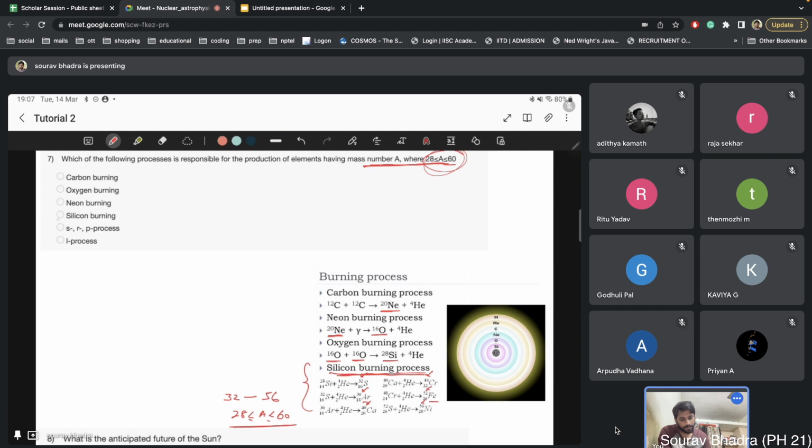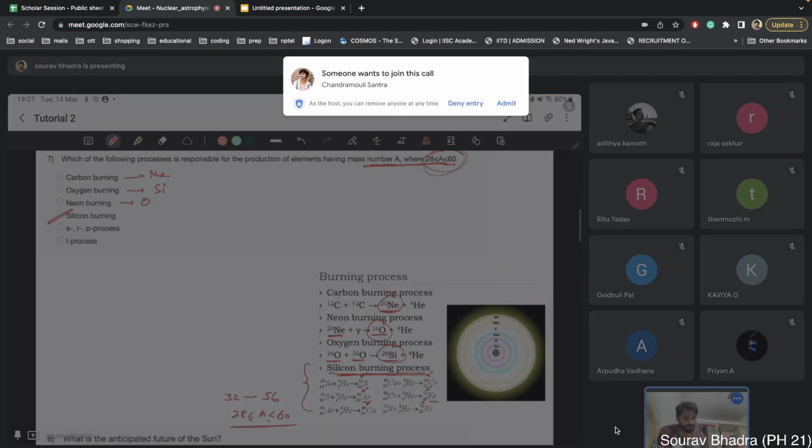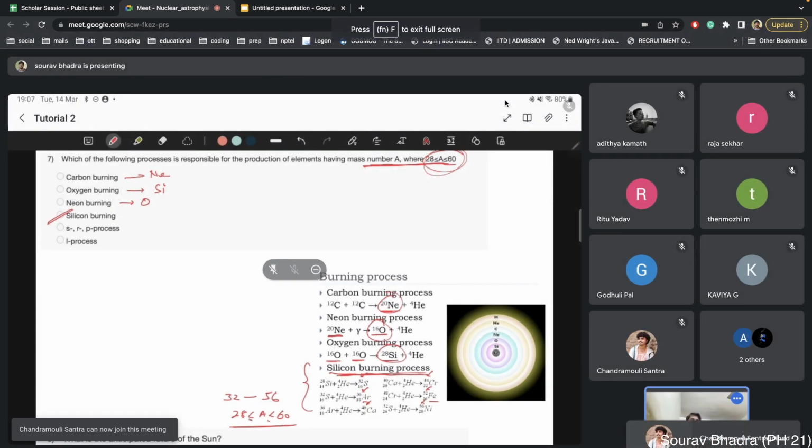Carbon burning will give you neon. Oxygen burning will give you silicon, and neon burning will give you oxygen. The s, r and p processes are for higher elements, A greater than 60.